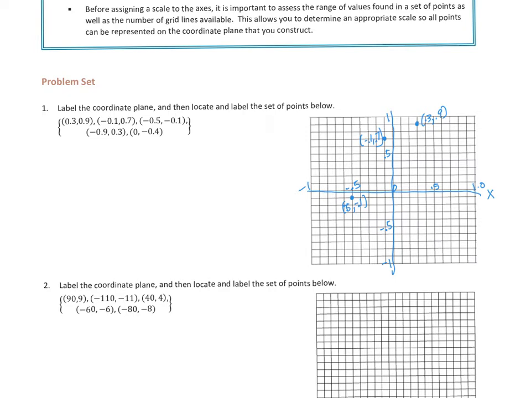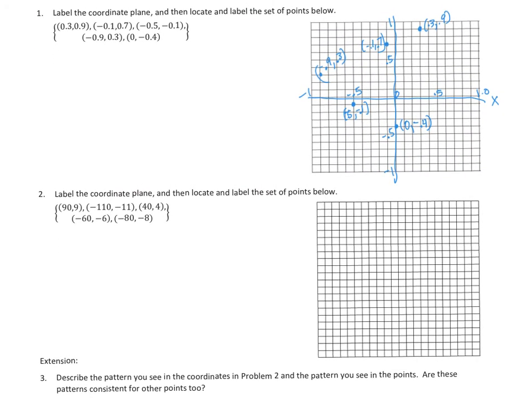Then we've got negative 9, and then I go 1, 2, 3. So negative 9 tenths and then 3 tenths. Then I'm at 0, and I'm going to go down to 0 and negative 4 tenths. So I've got that all, even though it's a little sloppy, but I've got it down.